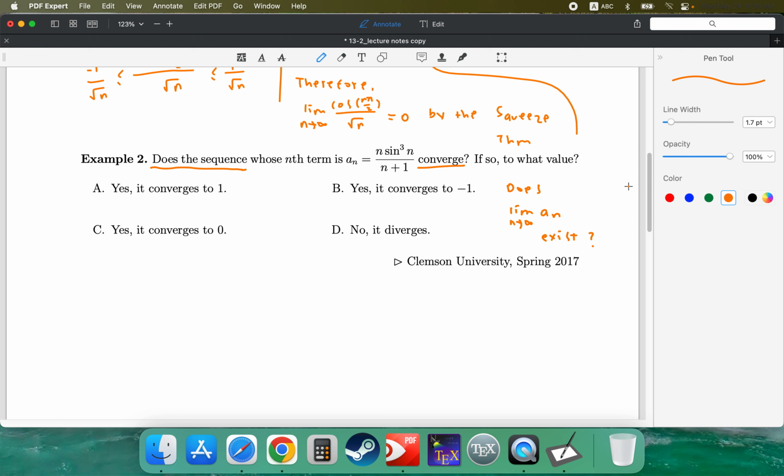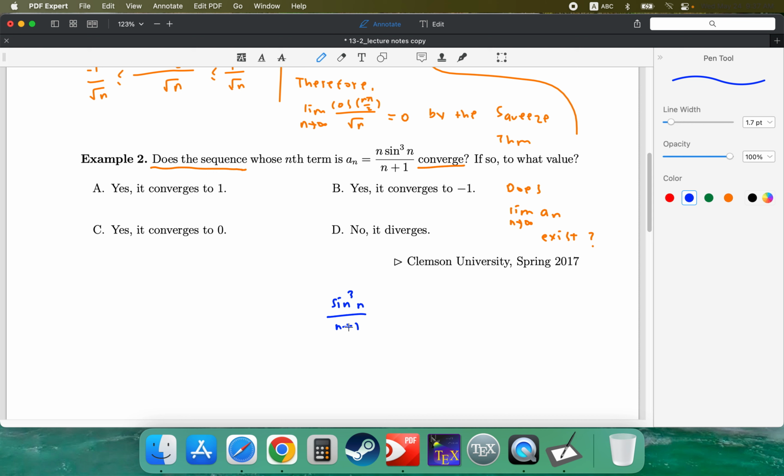Now for problems like this, it looks like a Squeeze theorem problem. Now let's say we have a different problem. Let's say we have sine cubed over n plus 1.